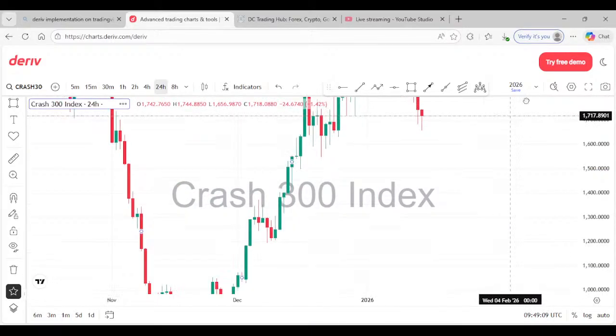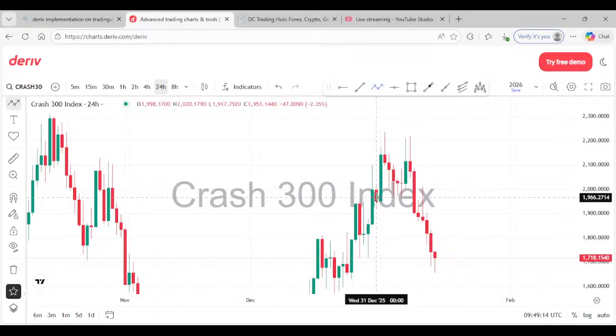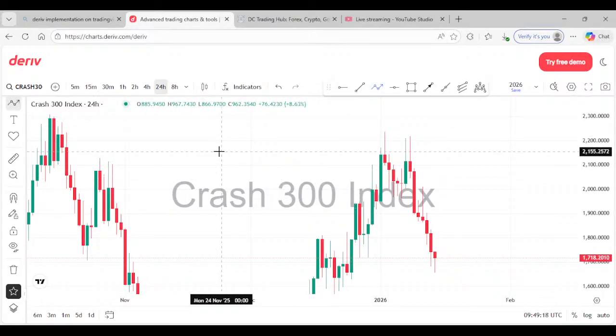I'm anticipating price to continue moving down. Price should move down. Why? Because when price goes to this area, where the supply zone is, a bigger spike.